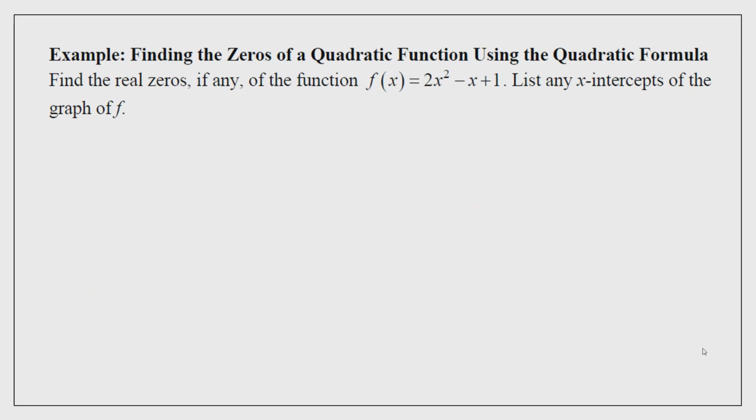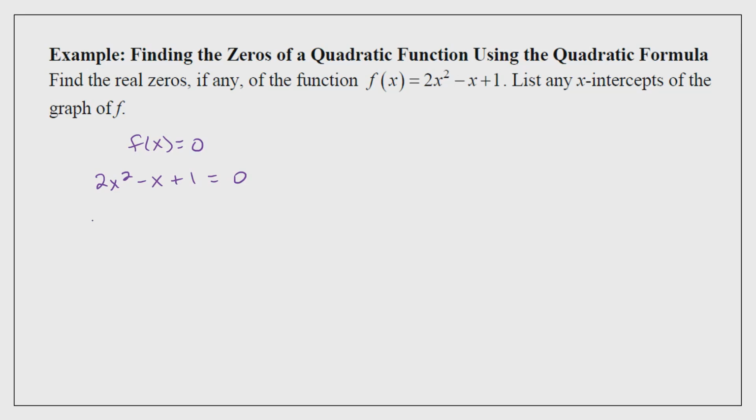So let's now find the real zeros, if any, of the function f of x equals 2x squared minus x plus 1. List any x-intercepts of the graph of f. So we'll set f of x equal to 0. So 2x squared minus x plus 1 equals 0. We're going to now find the discriminant.